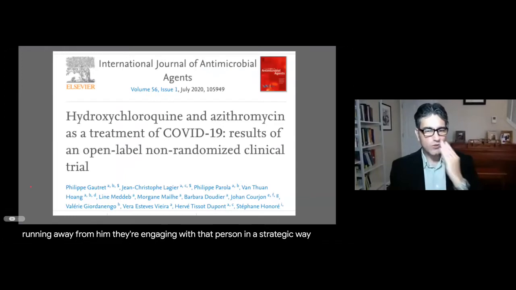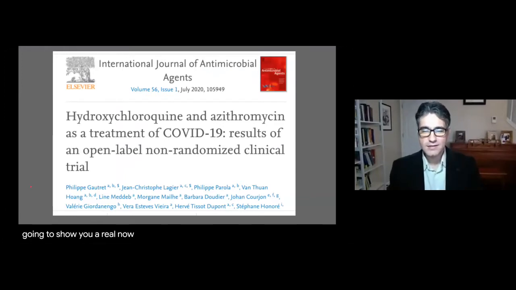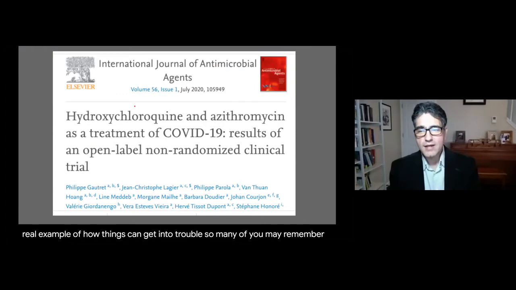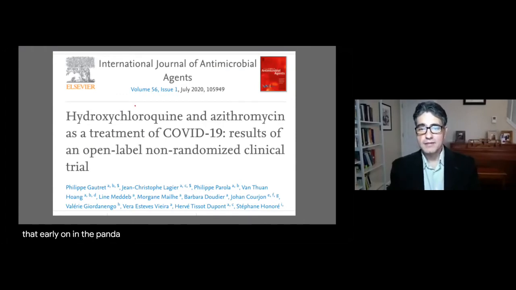I'm going to show you a real, now not a deodorant commercial example, but a real example of how things can get into trouble. So many of you may remember that early on in the pandemic, there was some talk about hydroxychloroquine and a possible combination of azithromycin to help in the treatment of COVID-19.